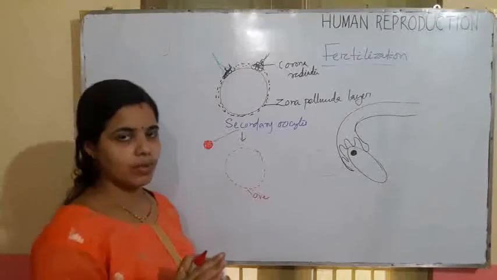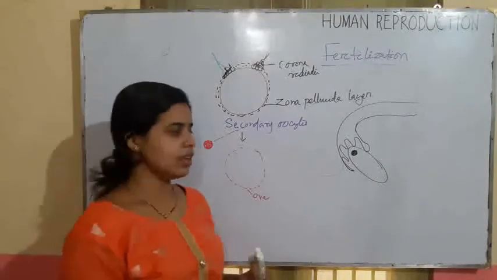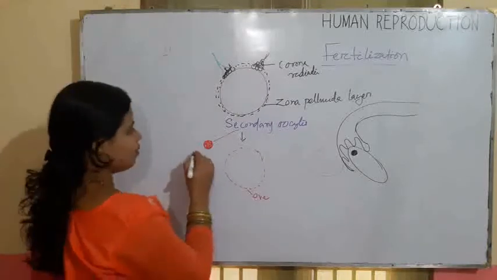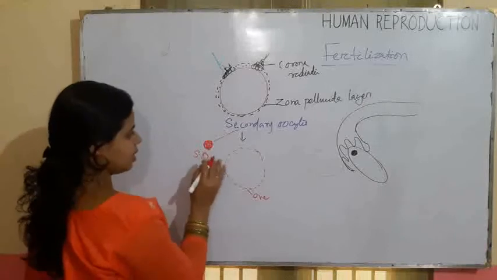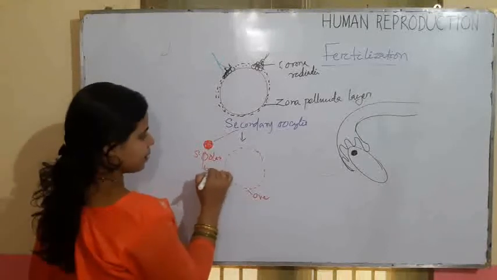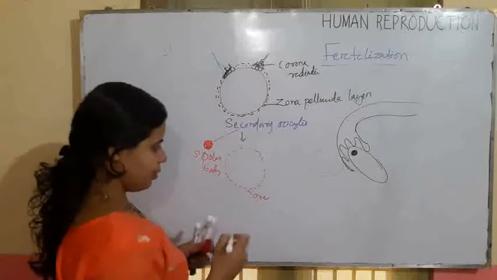The primary polar body is formed in secondary oocyte formation, and this secondary polar body slowly degenerates, and one ovum is produced.